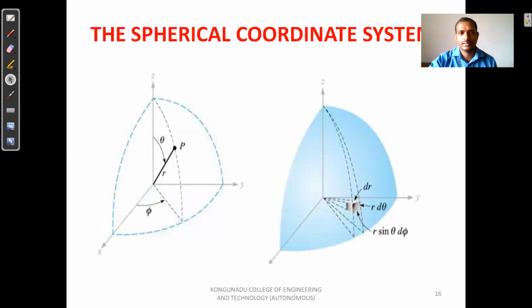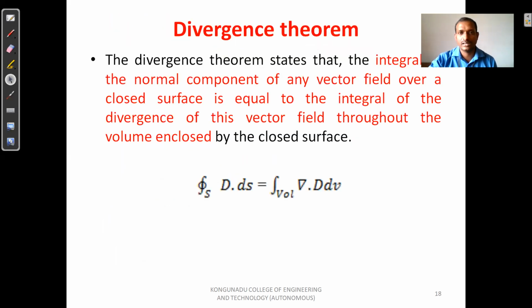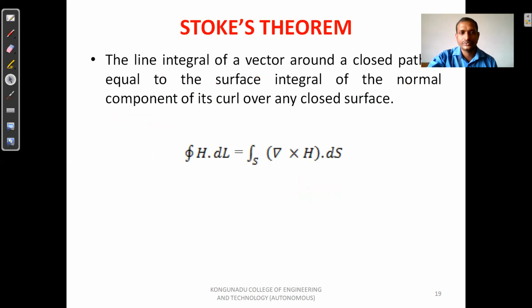Then we discussed the basic fundamental theorems and laws. The divergence theorem is used to convert a surface integral to a volume integral: the surface integral of D dot ds is equal to the volume integral of del dot D into dv. Next, Stokes theorem is used to convert a line integral into a surface integral: the integral of H dot dl is equal to the surface integral of del cross H into ds.